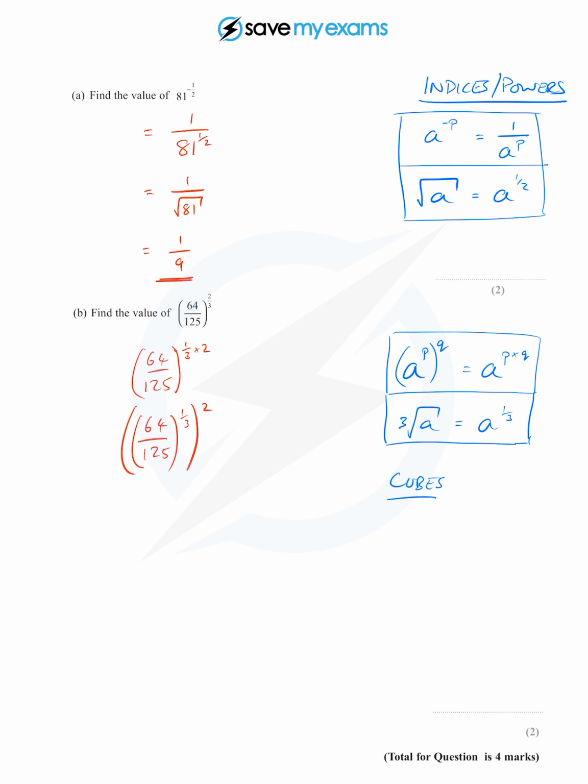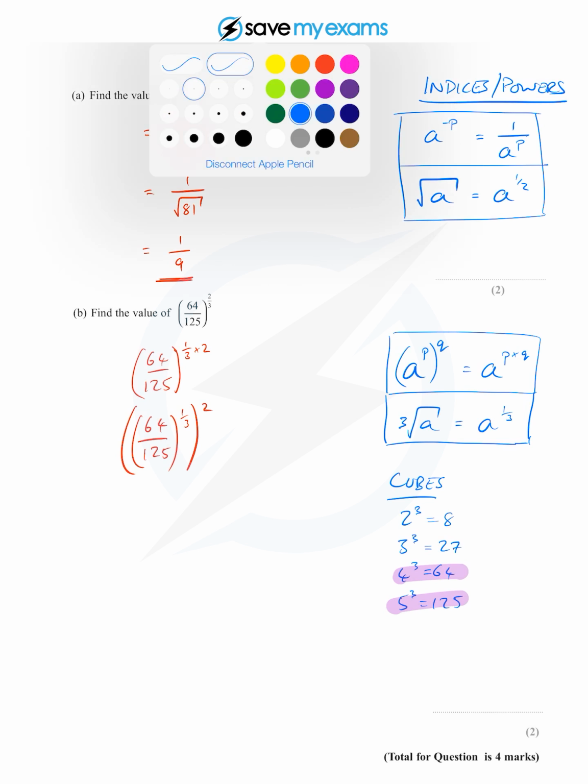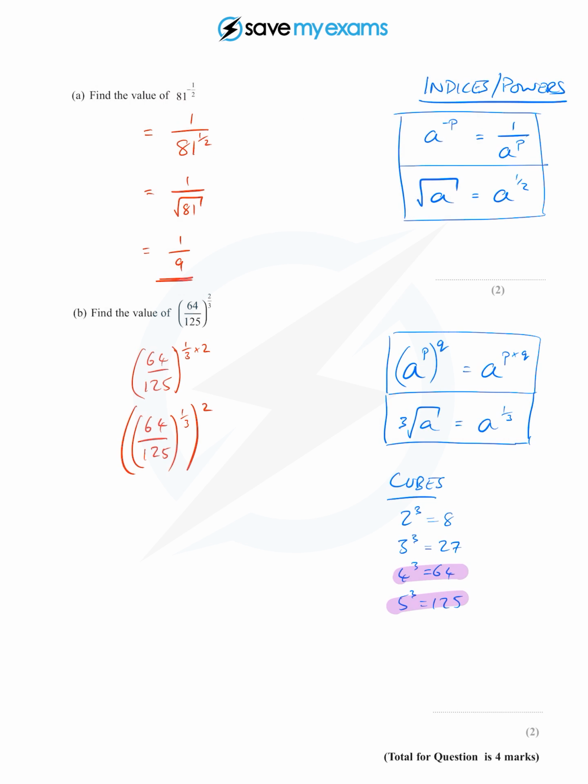Okay, you should remember these. 1 cubed is obviously 1, but 2 cubed is 8, 3 cubed is 27, 4 cubed is 64, 5 cubed is 125. And so we can see the two we need here are 4 cubed and 5 cubed. And if we take the cube root of 64, we get 4, and the cube root of 125 is 5.